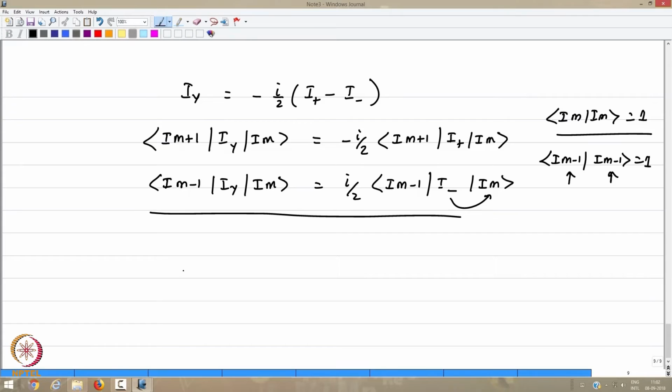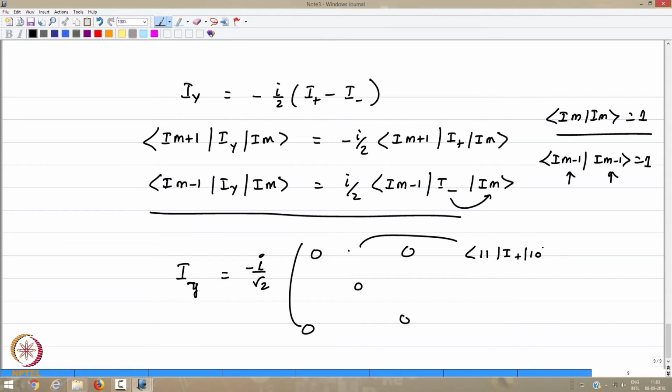So, given this, we can write the Iy operator as minus I by root 2 times a matrix. Now, let us see this. The first element is 0 because it is diagonal. All these are 0, and the 2 off diagonal elements are also 0. Therefore, what you have is this element, 1 1 I plus 1 0, so that corresponds to this type of matrix element.